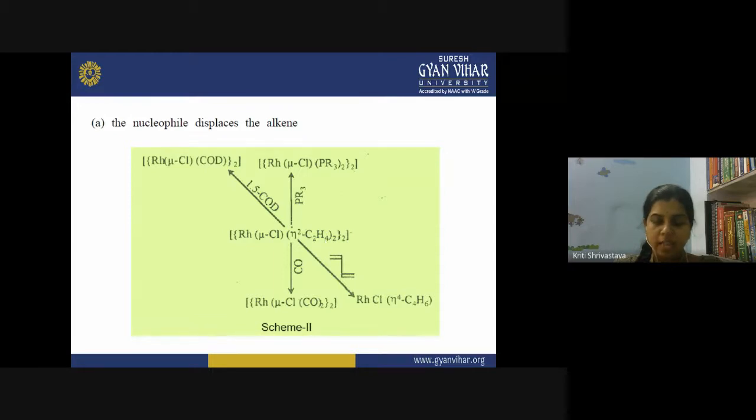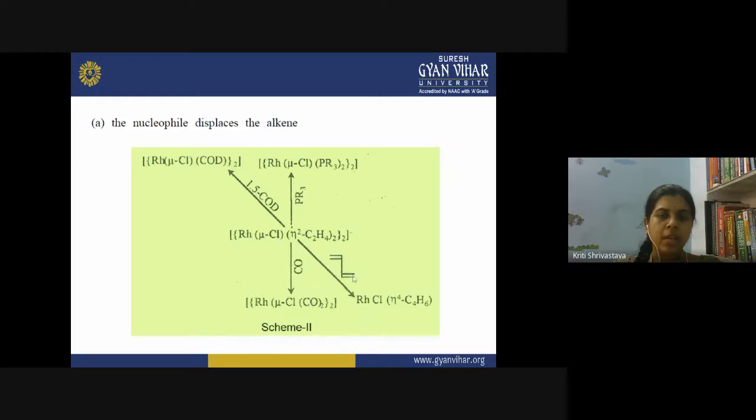So again, let us see what will be the result of a nucleophilic attack. Like in case of PR3, again it will do what? It will replace the alkene molecule, the 1,5-COD. COD, the full form we have just seen, if you remember. So this will again replace the COD, will replace the alkene because it is a stronger ligand. The bridging chloride will be there again, and when the carbonyl attacks, again it will replace the alkene molecule.